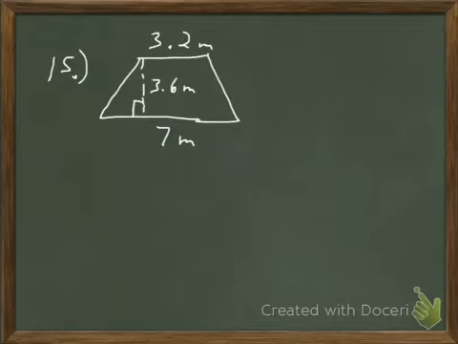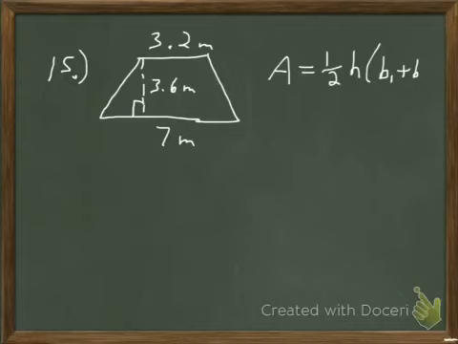Okay, so I'm going to start with number 15. This is a trapezoid. So the area of the trapezoid, which you should have written down in your notes now, you can write this different ways. They put the base and then the height. I do the height first. It doesn't matter if you have the height after the parentheses or before it.